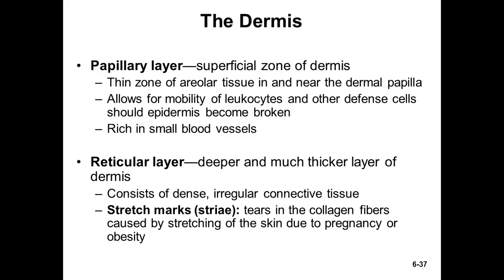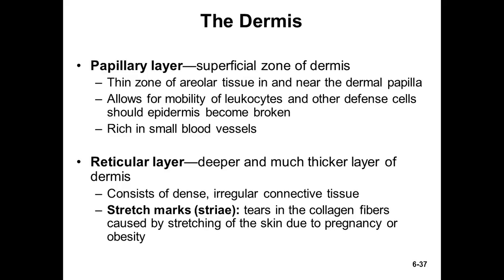There is a deeper layer which is called the reticular layer. This is where we get the stretch marks, the striae. That's your dense irregular connective tissue layer. As you can see, stretch marks are actually tears in the collagen fiber.